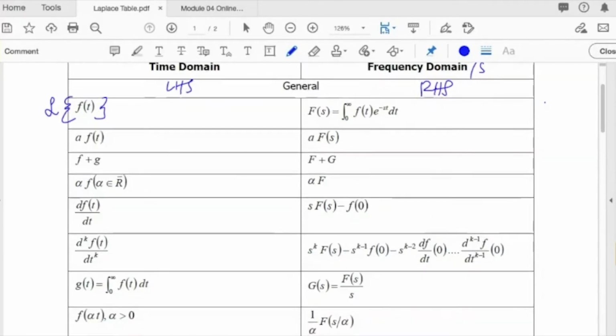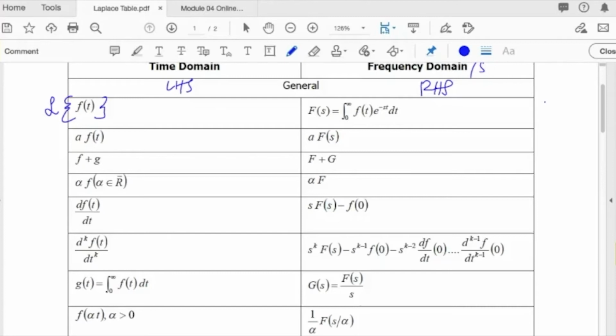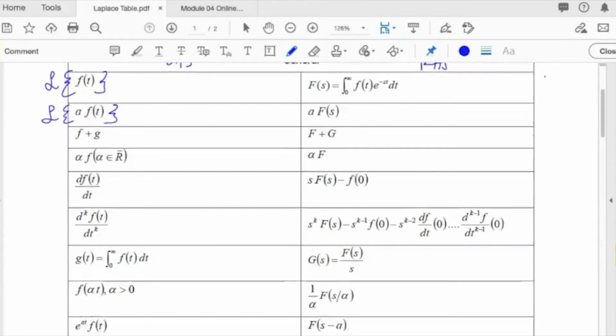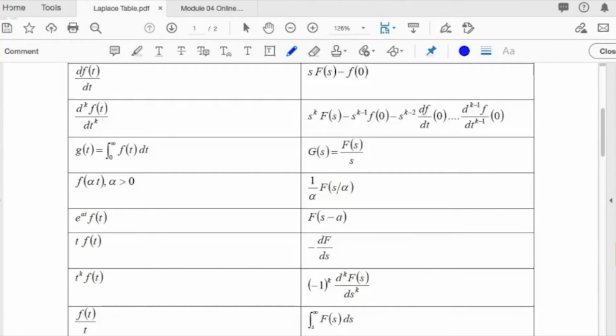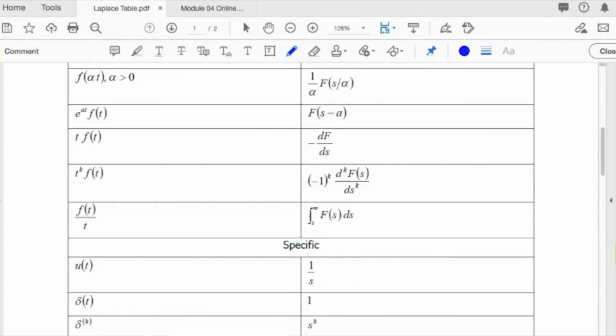If you have a f(t) in the time domain and apply the Laplace transform, it becomes a times capital F(s). This is the representation in the frequency domain. You can see the rest of the functions in these tables.